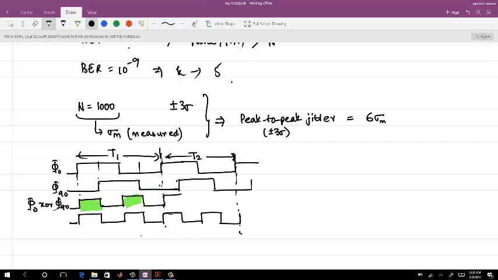These are for two different periods, and for two different periods I am getting two different XOR outputs. Now, how much is the period jitter going to change these two things?